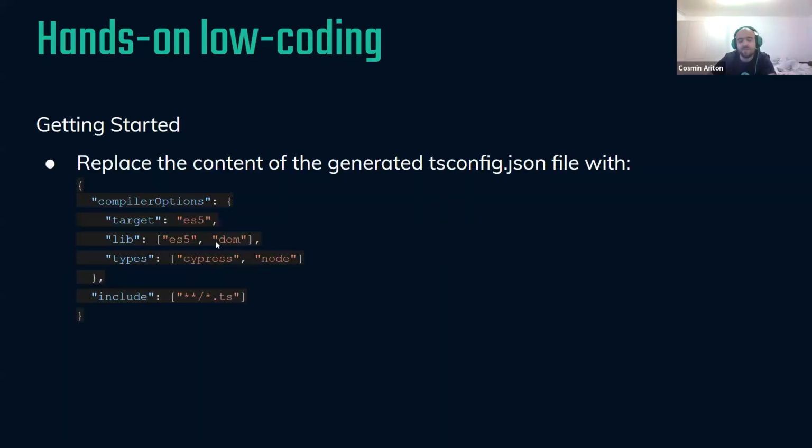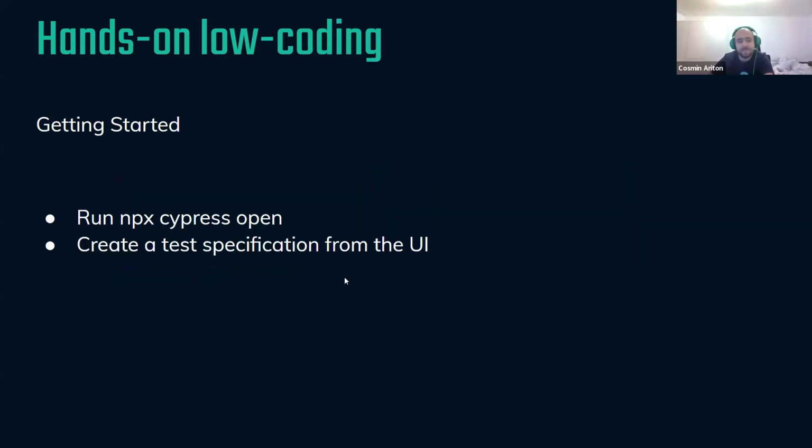Without these, we won't get as good of a type safety as we could get. Then we need to run npx cypress open, which will open an interactable UI, and from there we can create a test specification.